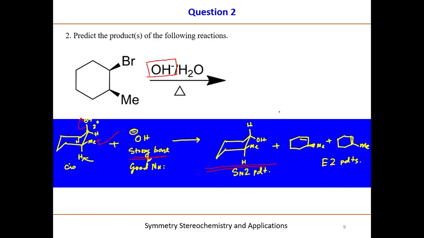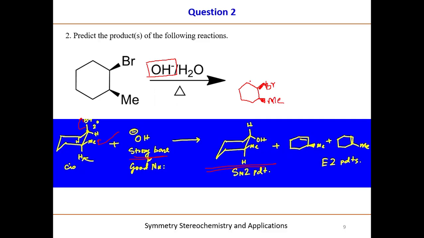Suppose I write it this way. This is bromine. This is methyl.